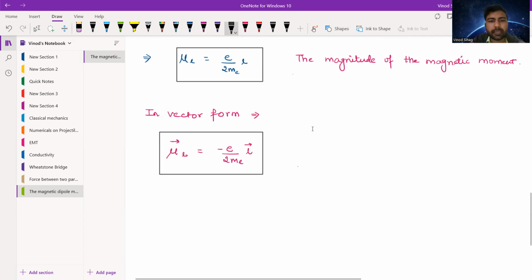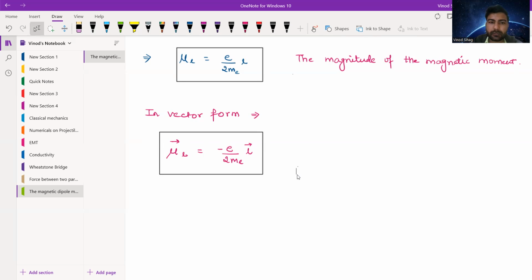Because here we have taken the exact charge of electron. Charge of electron is minus E. So that's why we have taken minus E, and the vector form of the magnetic moment will be mu L vector equals to minus E upon 2 me into L vector. So what does it show? It is showing that the direction of magnetic moment and the angular momentum is anti-parallel. They are anti-parallel to each other.